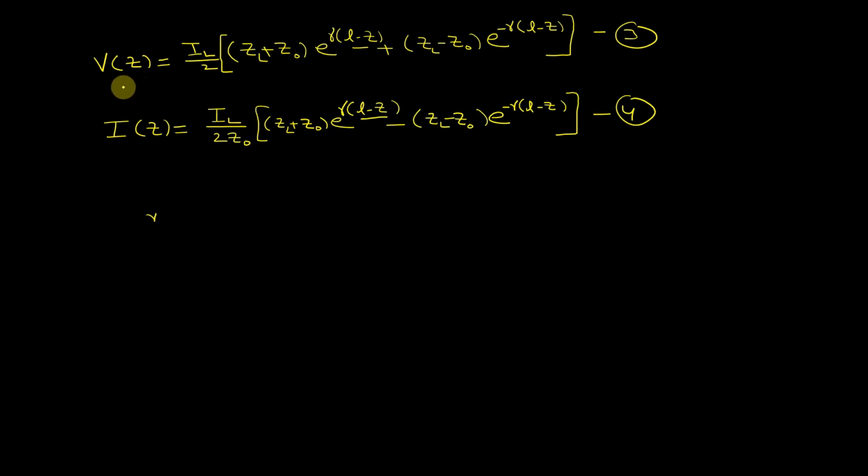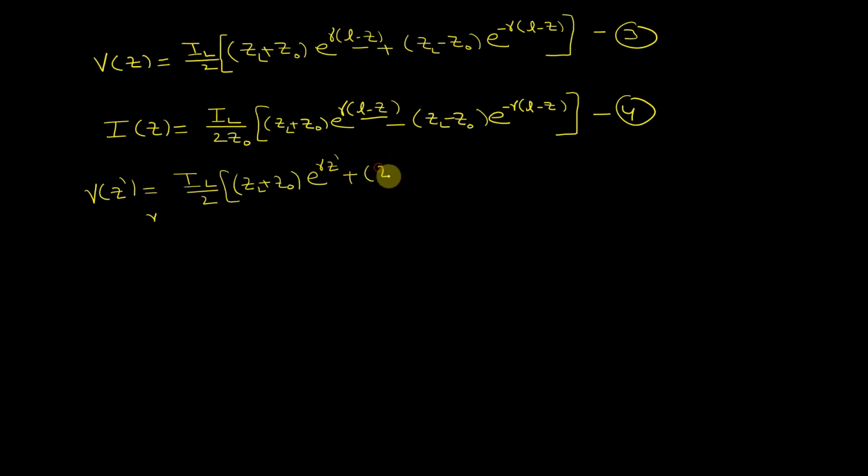Because L and Z appear together, we can write the combined effect. So this is the equation for V Z dash, which will be IL divided by 2, into ZL plus Z naught, e raised power gamma Z dash, because L minus Z is Z dash, as we have shown in that diagram.